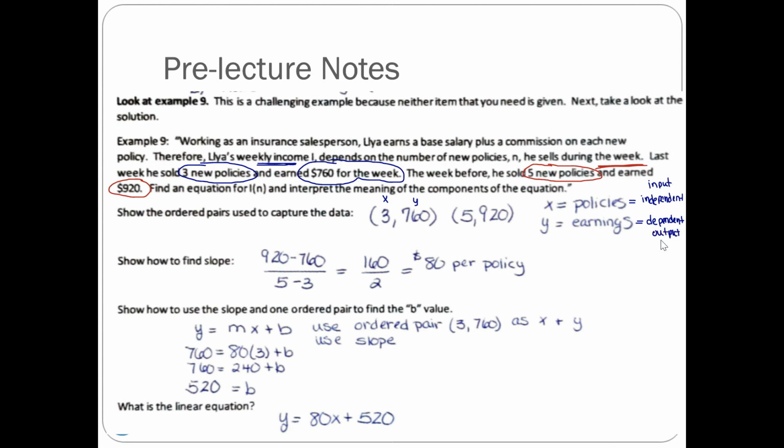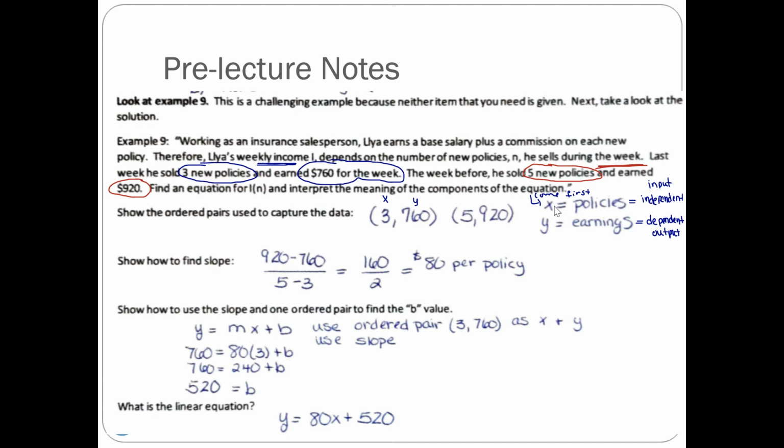So how does that make sense in the context of a real-world problem? Well, the x variable is the thing that must come first. So in this scenario, the salesperson must sell a policy before he gets an income from it.